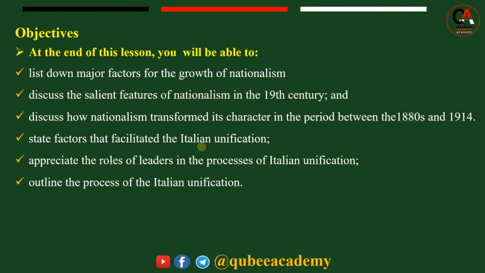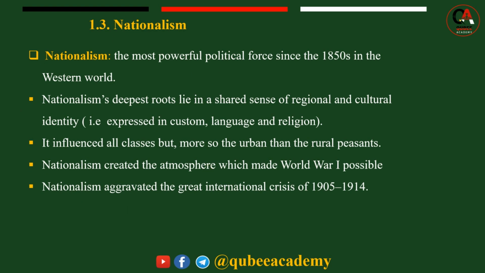Kanaaf Italian unification irratti immoo what were the factors that facilitate Italian unification, the challenges of Italian unification and others. Appreciate the roles of leaders in the process of Italian unification. Keessaayyuu namoota beekamootaan kan akka Giuseppe Garibaldi warreen kana fakkaatan fa'a maal akka isaan hojjetan their roles in the unification of Italian unification ilaalla. Outline the process of Italian unification. Objective isa kana fakkaata.